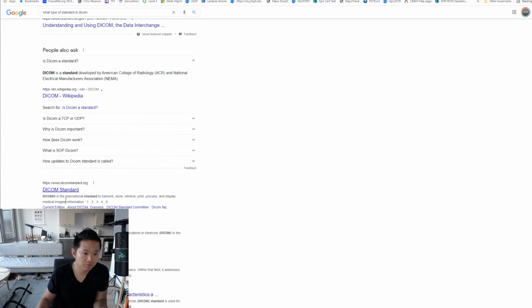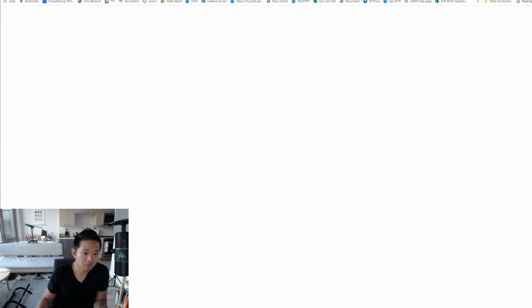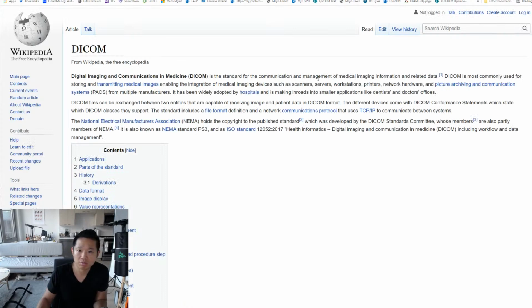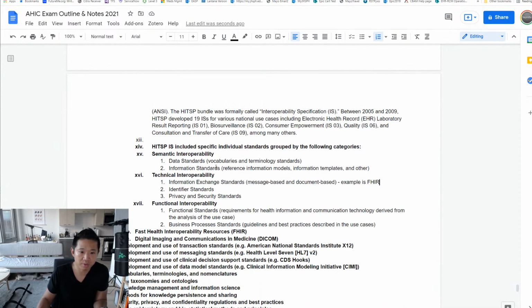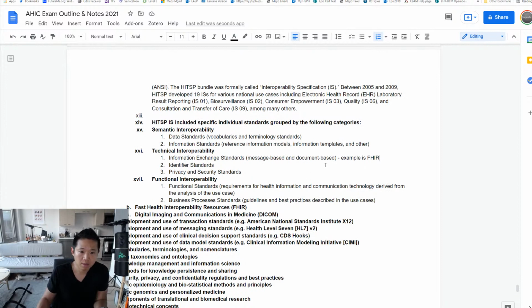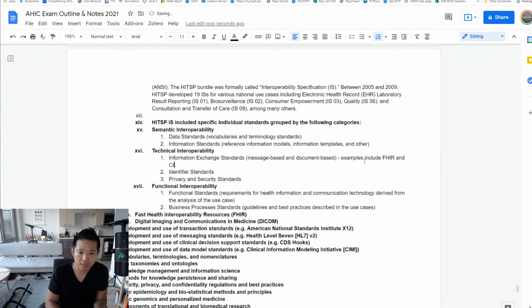Store, retrieve, management of medical information and related data. Storing and transmitting. Oh, so it wasn't a vocabulary, I got that wrong. Both of these should be information exchange standards. Semantic. Examples, FHIR and DICOM.